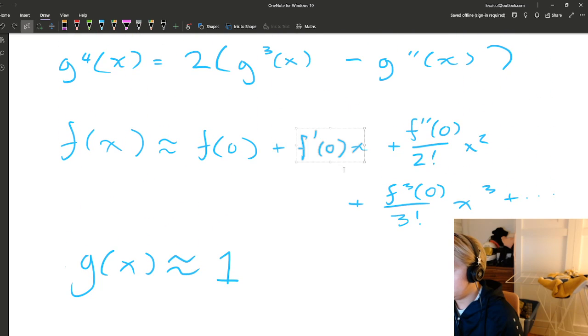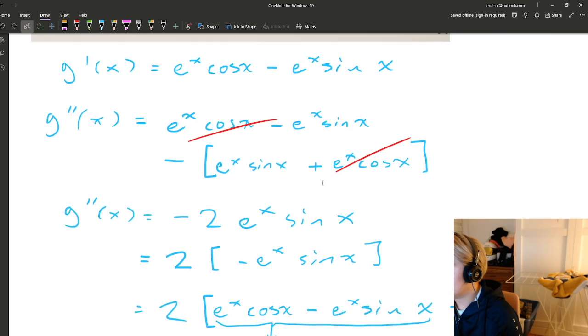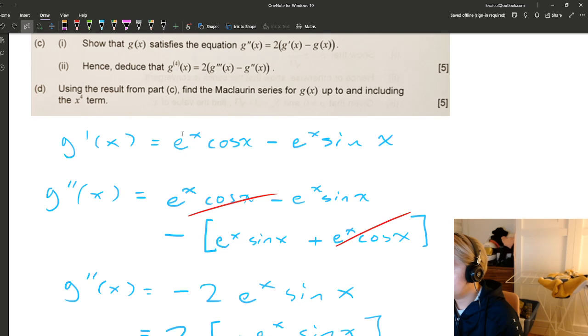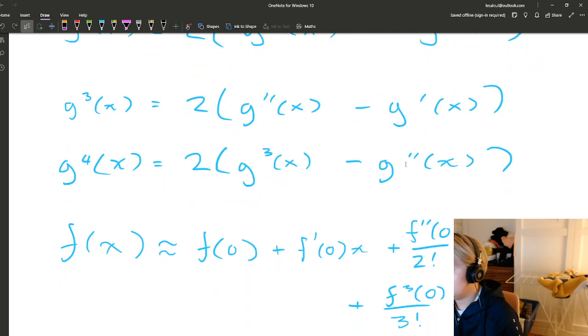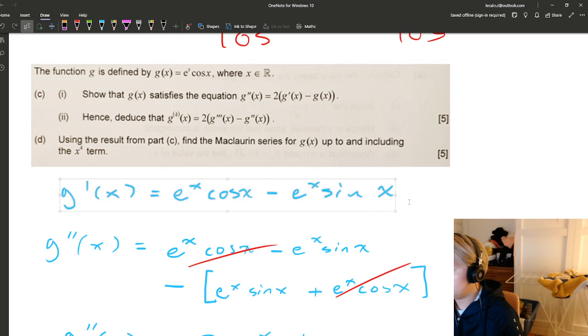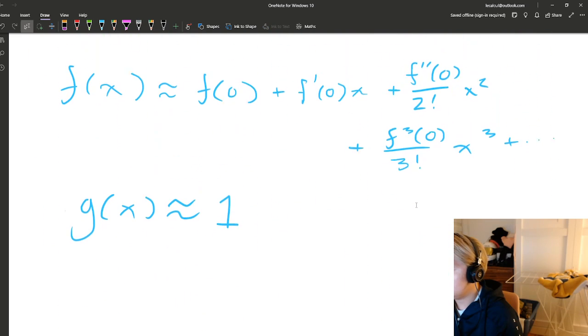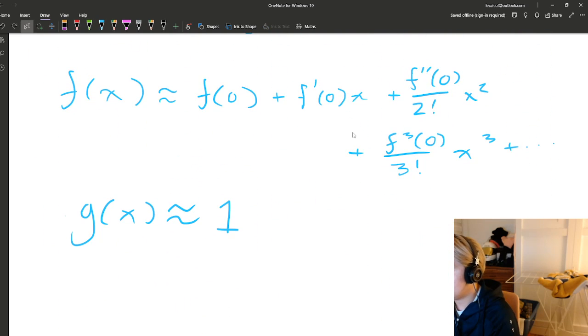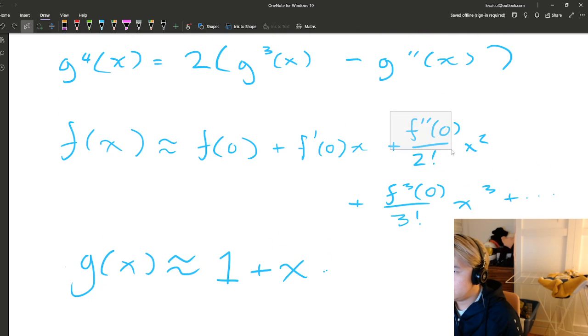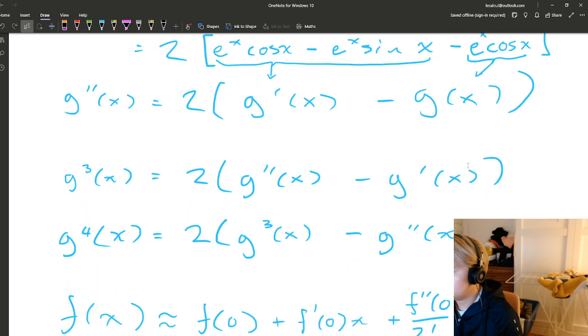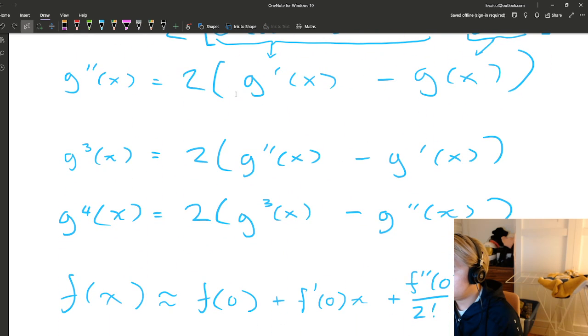Okay, what is g prime at 0? So this is 1, this is 0. So g prime at 0 is also 1. So then that's just 1 times x. And then f prime at 0 is 2 times g prime.